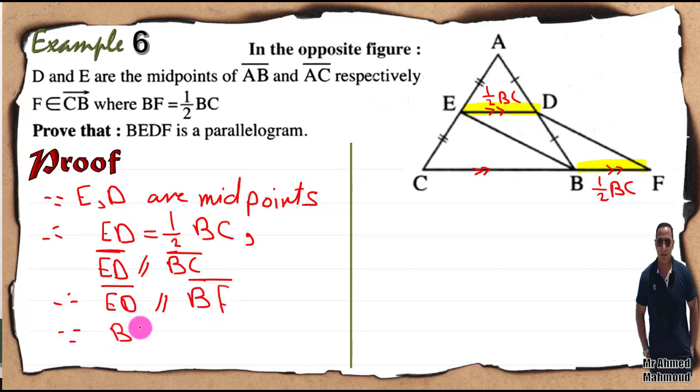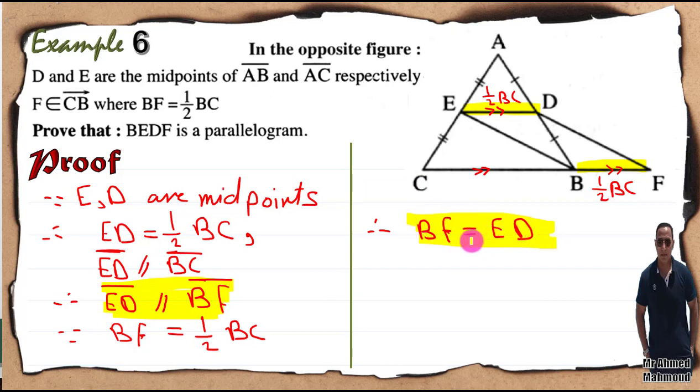Since BF equal half BC, therefore BF equal ED and BF parallel to ED. They are equal and parallel, therefore BEDF is a parallelogram.